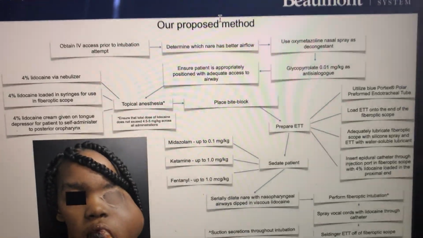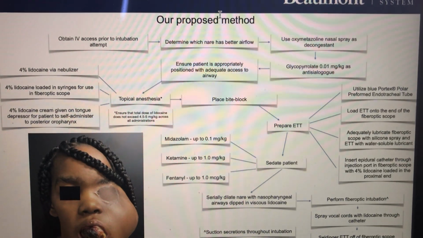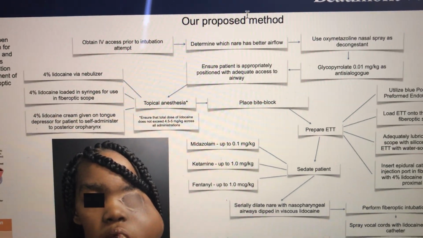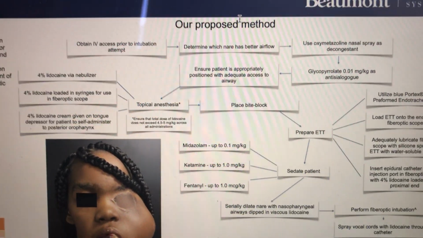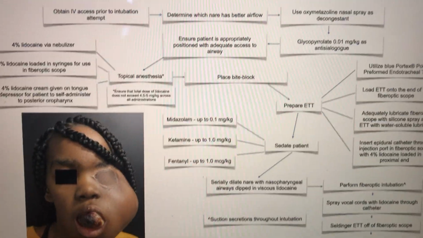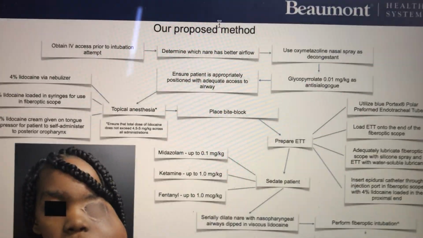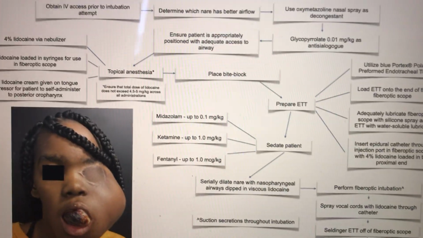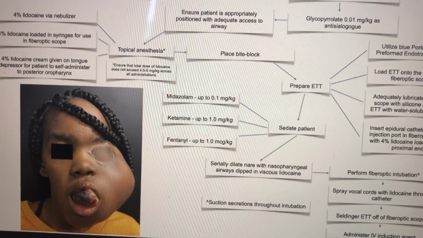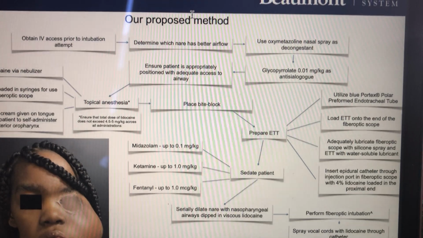Our proposed method, specifically for awake nasal fiber optic intubations. So the first step is always to obtain an IV prior to your intubation attempt. This can obviously be challenging in children, but is of the utmost importance, both for safety and sedation reasons. You need to determine which nair you are going to use for your intubation, so determine which one has better airflow.